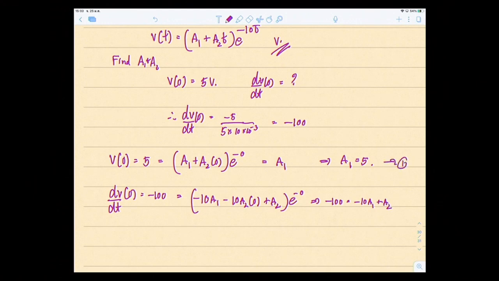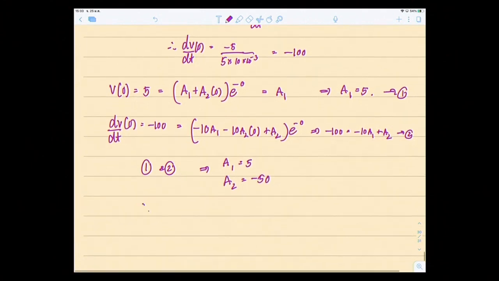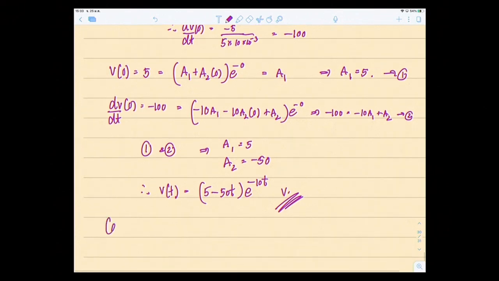So this is your second equation. Using 1 and 2, you get A1 equal to 5, A2 equal to minus 50. So the answer is V of t equal to 5 minus 50t, times e to the minus 10t volts. So this is another case. Why don't you go and do it yourself?